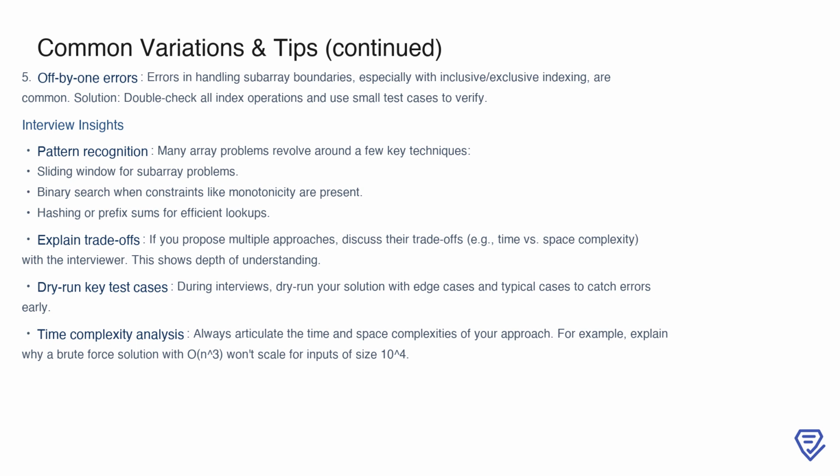This demonstrates a deeper understanding of the problem. Additionally, dry running key test cases during the interview can help catch errors early and show your thoroughness. Lastly, always articulate the time and space complexity of your approach. For example, if you propose a brute force solution with O(n³) complexity, explain why it won't scale for larger inputs, and suggest a more optimized approach if possible.